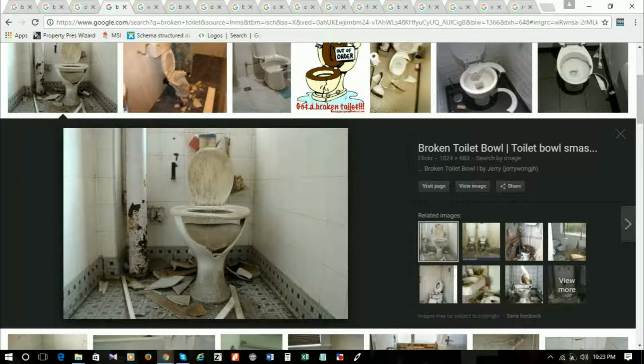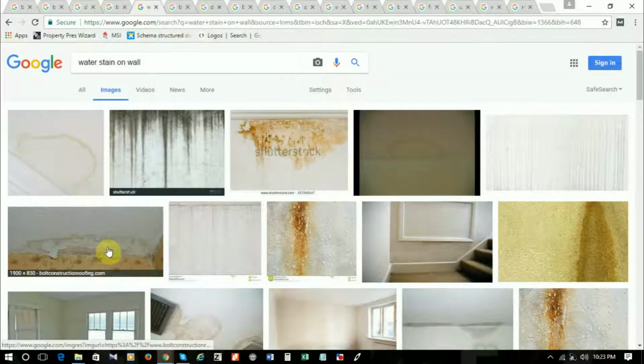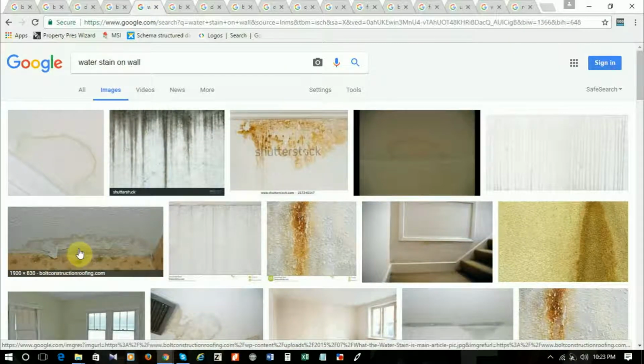Water damage. Damages due to water can occur due to several reasons. The roof of the property may be damaged, causing rainwater to enter the property and cause damage. Plumbing leaks may occur, causing water leakage and damage.